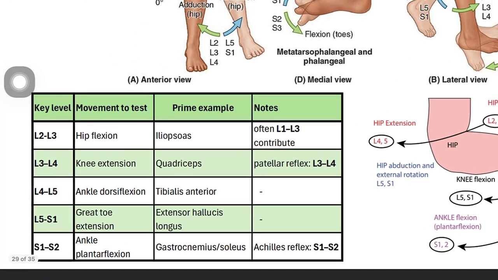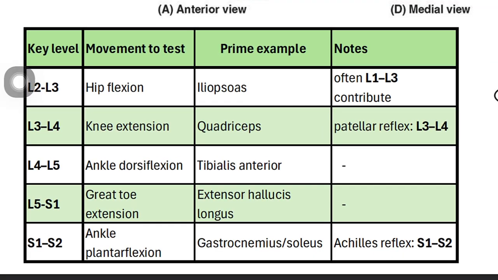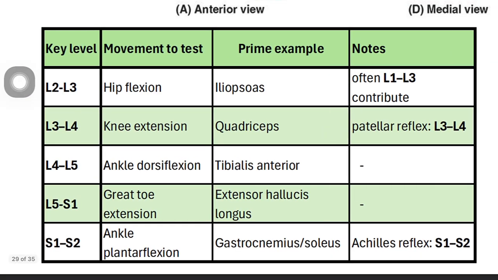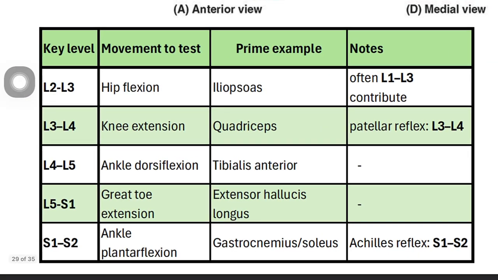The following are the very initial important part for you. If we are testing L2, L3, we are referring to hip flexion. Among these actions, I'll give you the prime example.